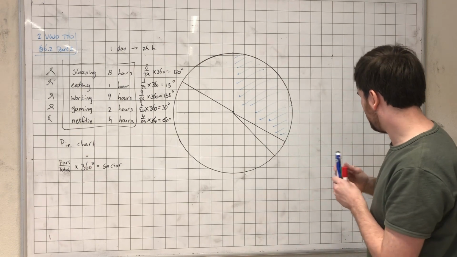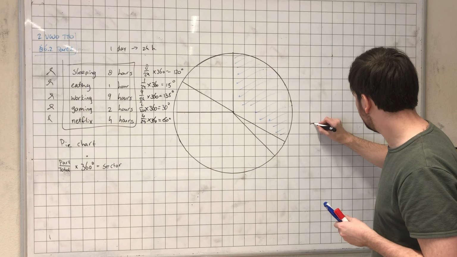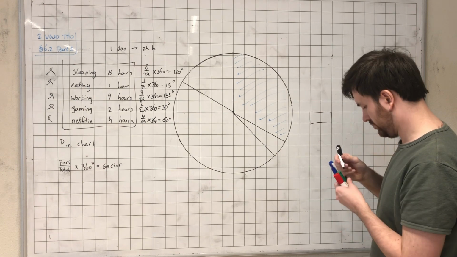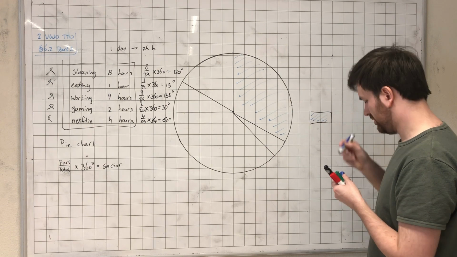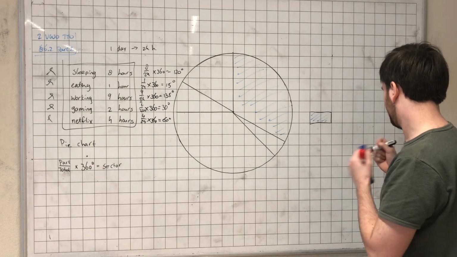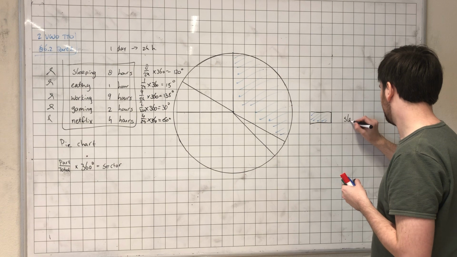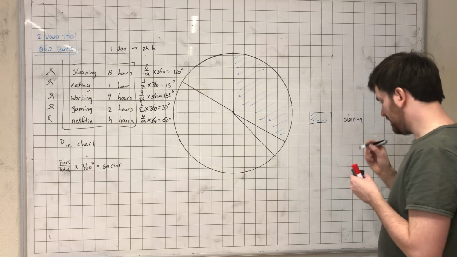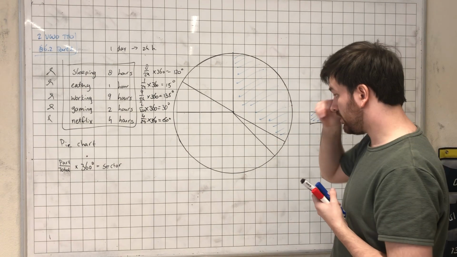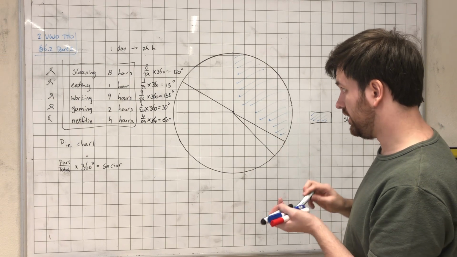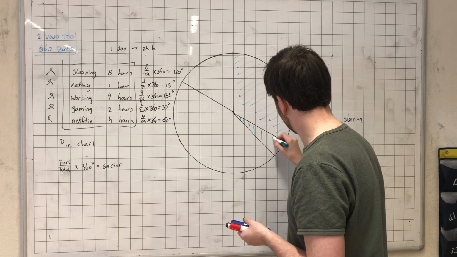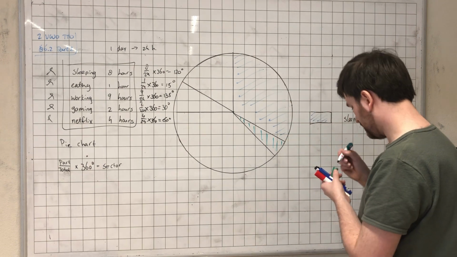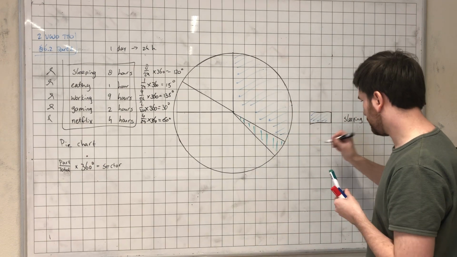So then I make a small box over here. And I'm going to say the blue thingy is sleeping. Then this small part over here, that's eating. So once again, another small box.